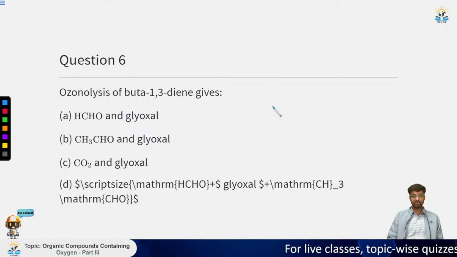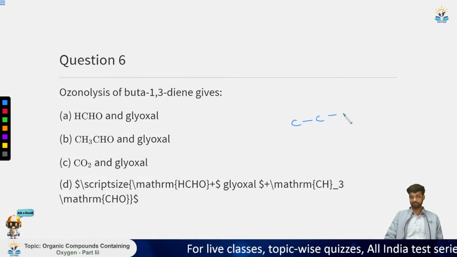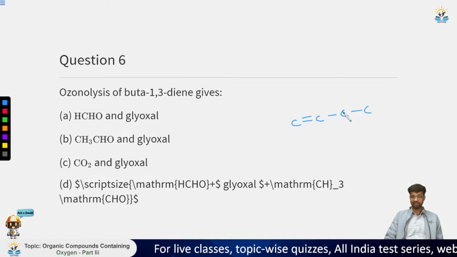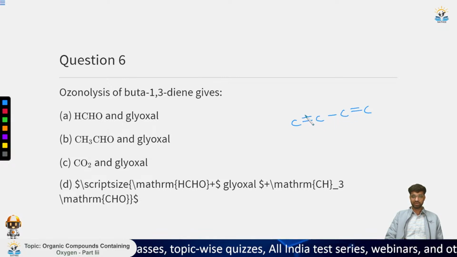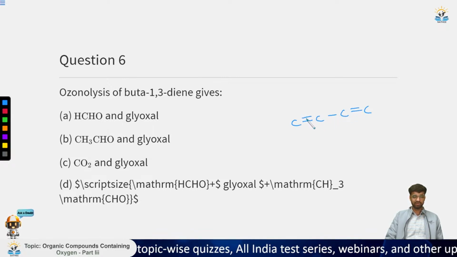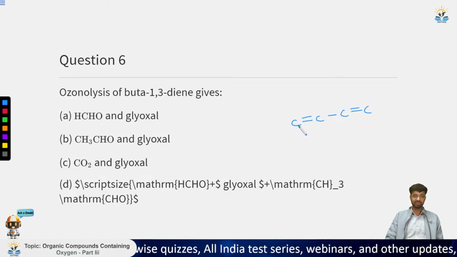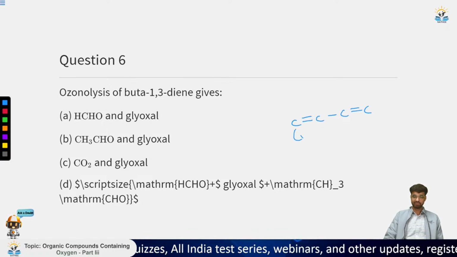Ozonolysis of buta-1,3-diene. So we have this buta-1,3-diene. What will it give? Two products are possible. You can do it by yourself. I'm not doing it right now. This is the ozonolysis.